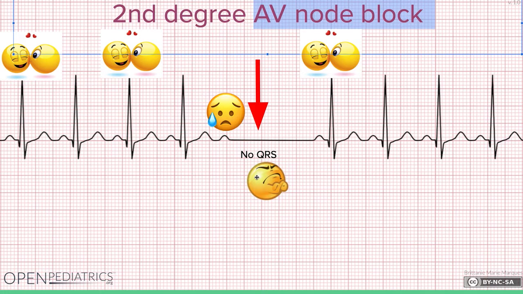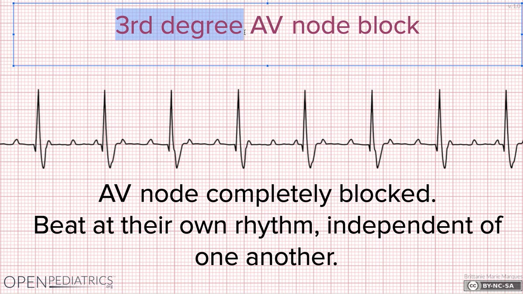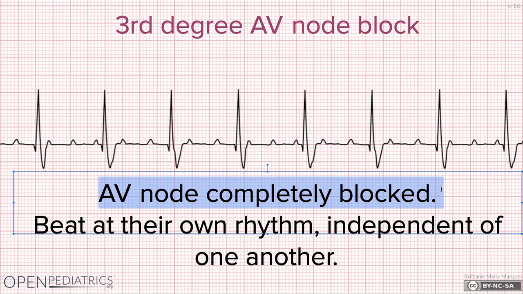All right, so now let's take it up a notch. Now let's go to third degree AV node block. And what this means is that the AV node is now completely 100% blocked. Any signal that happens in the atria cannot spread into the ventricles.